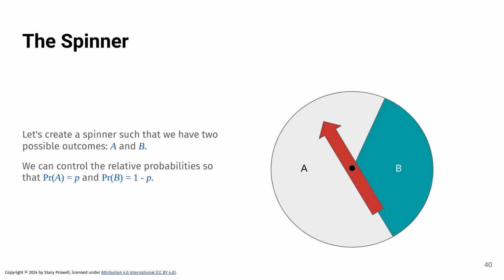So what I do instead is I construct this magical device, which I'll call the spinner. It doesn't have to be a physical spinner. It can be randomized software. It can be a number of things.